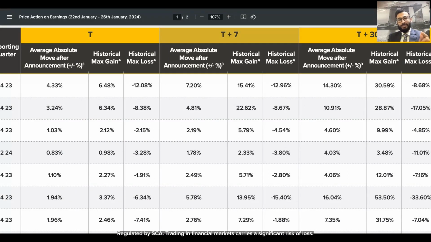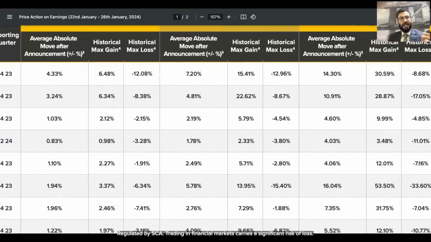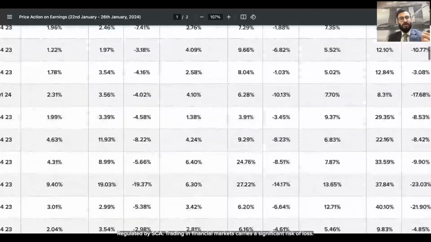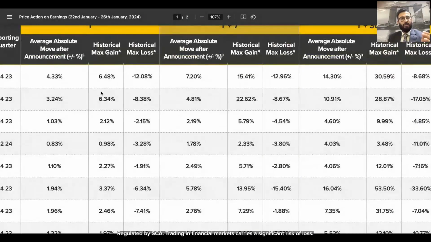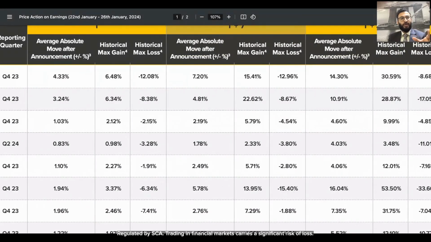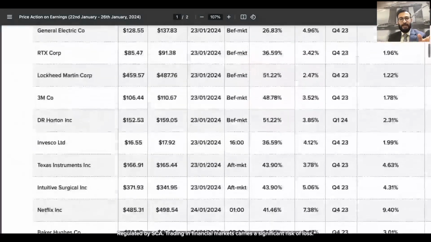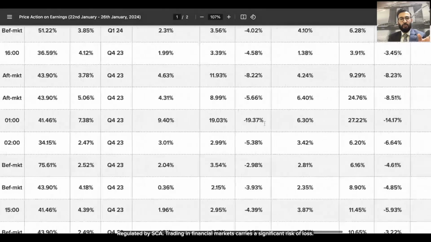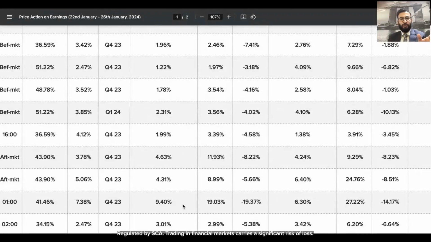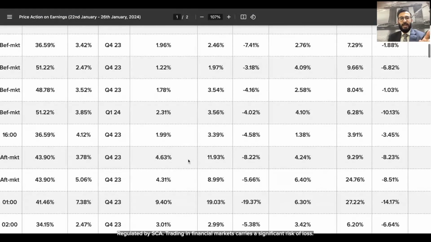So after the earnings were announced, what was the average percentage increase or decrease in the stocks? As you can see, the absolute average move after the announcement was 4.3% in the case of United Airlines, right? And if I see Netflix, right here, the average absolute move is around 9.4%, moved around 10%.